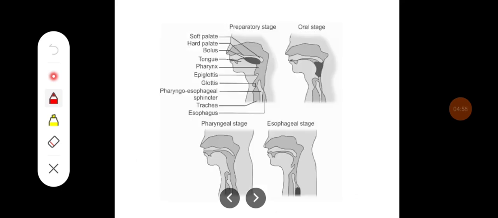So these are the different stages: the oral stage, the pharyngeal stage, and the esophageal stage.